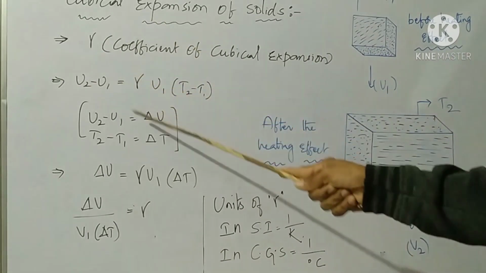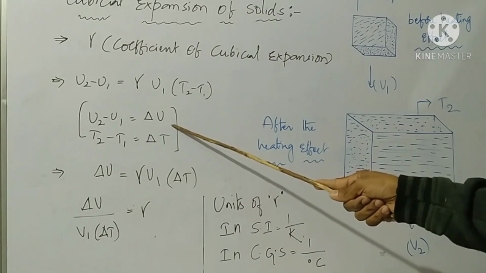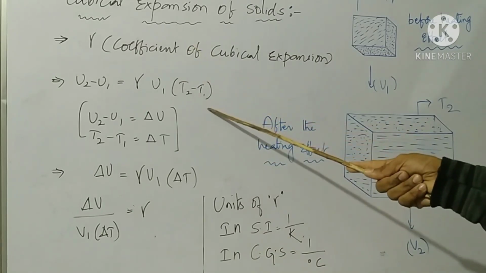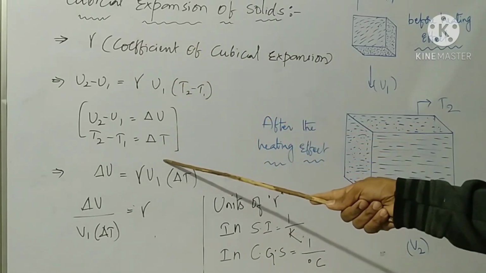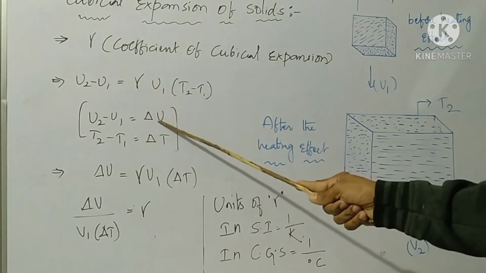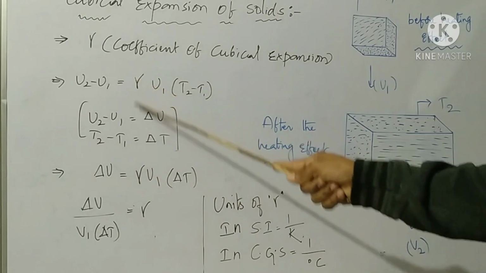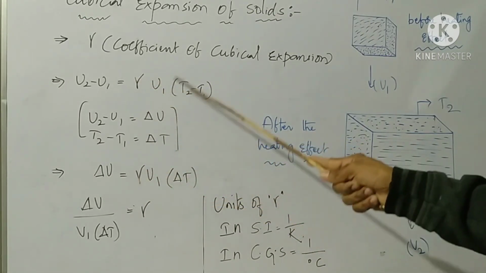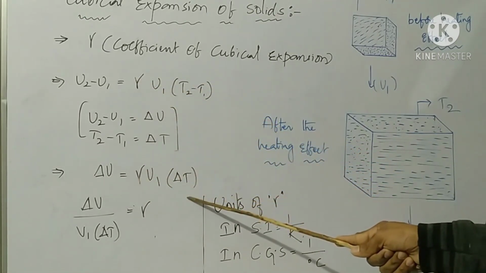Here the change in volume is delta V and the change in temperature is delta T. Substituting these results, delta V is equal to gamma into V1 into delta T.